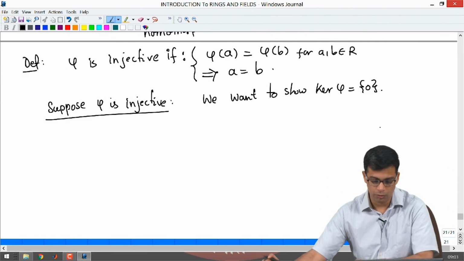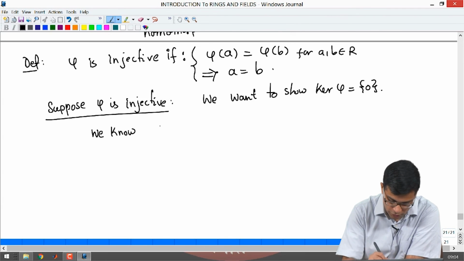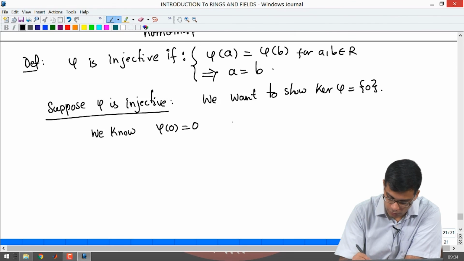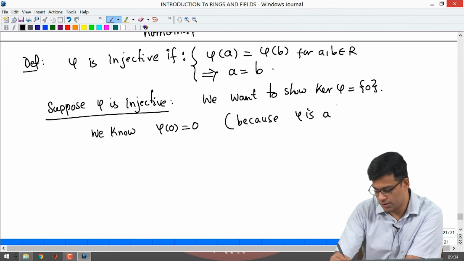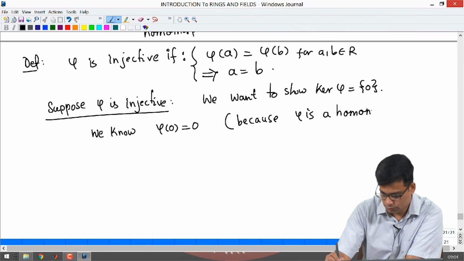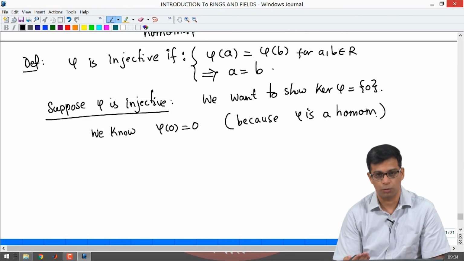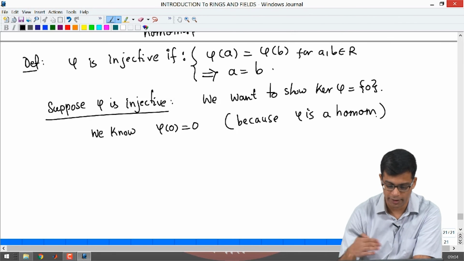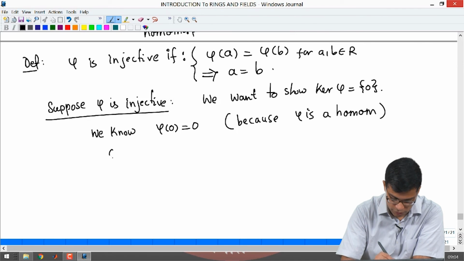First of all, we know that phi of 0 is 0 because phi is a ring homomorphism, so in particular it is a group homomorphism, and it sends the additive identity to the additive identity. Now, suppose A is in the kernel of phi.